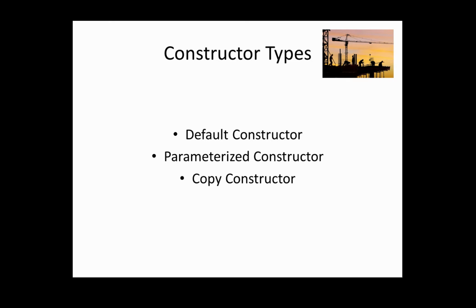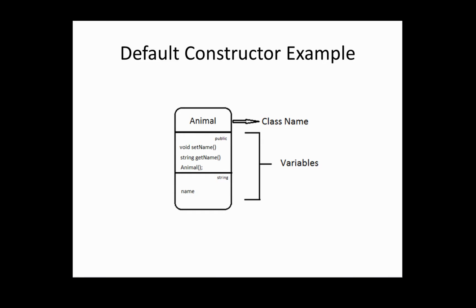So let's write a program to understand what the default constructor is. Let's assume that we are going to create a class named animal, and in this case we are going to write one setter function for giving the name value of this animal. The name of the function is going to be set name, and one getter function to get the name of this animal.